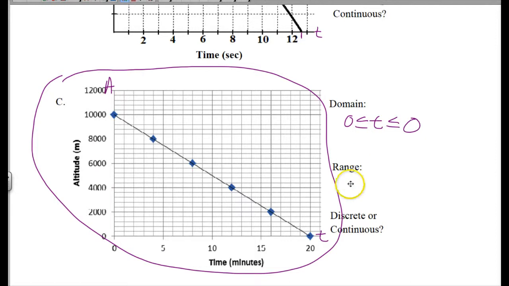Altitude, 10,000 down to 0. So 0 is less than or equal to A, less than or equal to 10,000. Low value, less than or equal to. We will never write this the other way. It's always the lowest value less than or equal to the variable, which is less than or equal to the highest value. And the data is continuous.